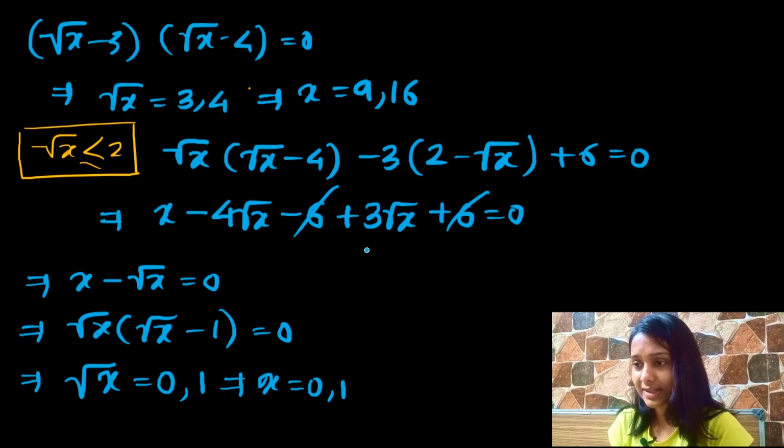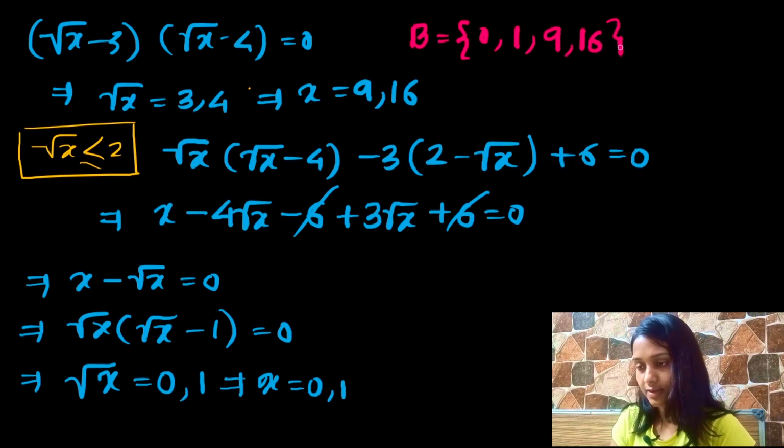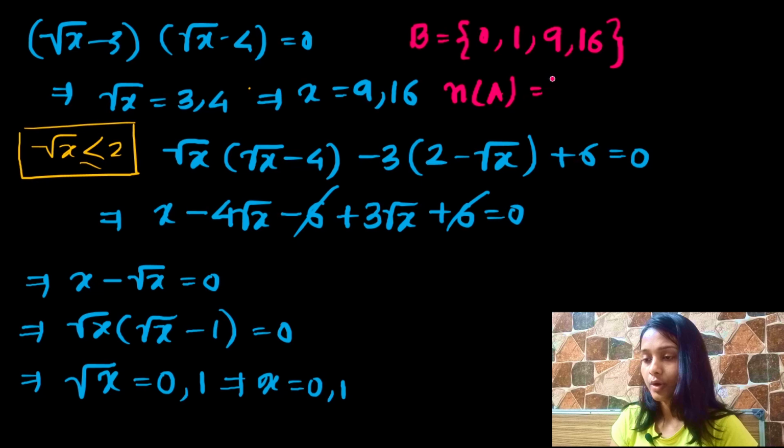So we can explicitly write this B set. The B set is 0, 1, 9 and 16. And the A set contains 4 elements which lie in the interval 0 to 1, open 0 and open 1.